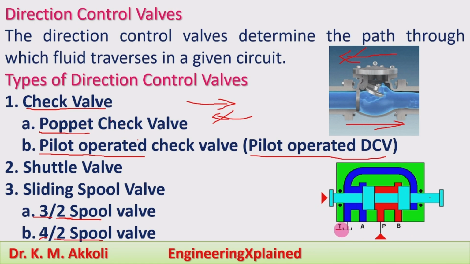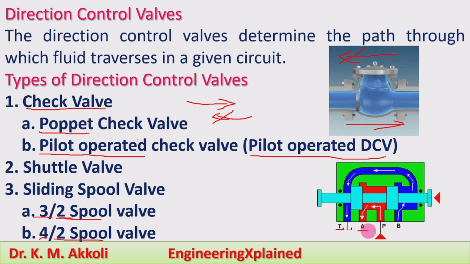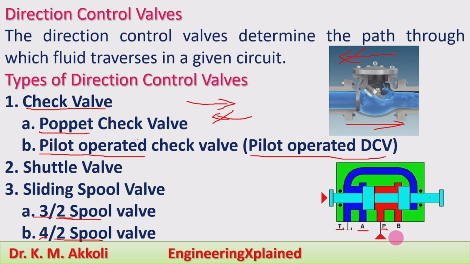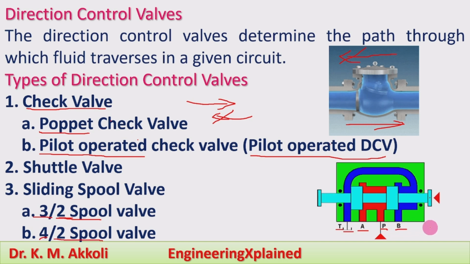One is the tank line T. Another goes to the actuators, where the fluid is flowing, and this is the pump. The pump symbol is the upper filled triangle, and the bottom one is the tank symbol in the hydraulic circuit, and this B is the backflow.